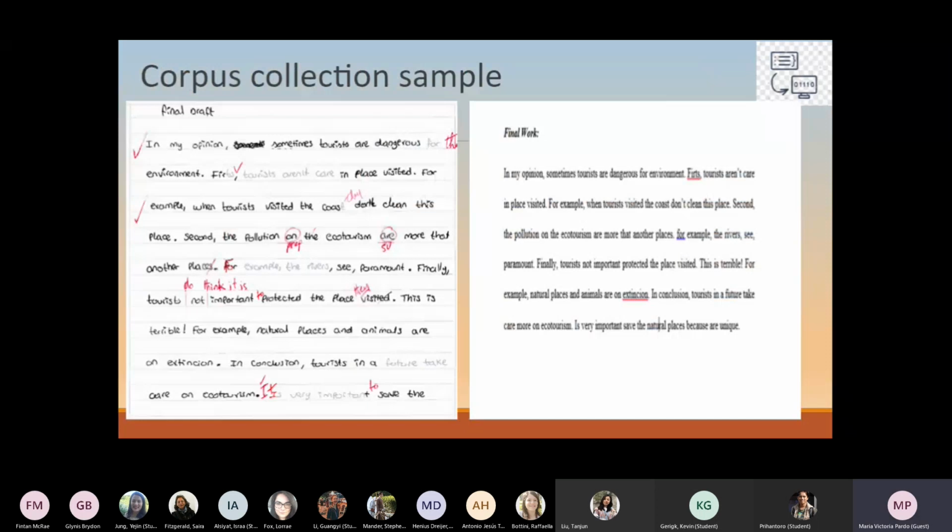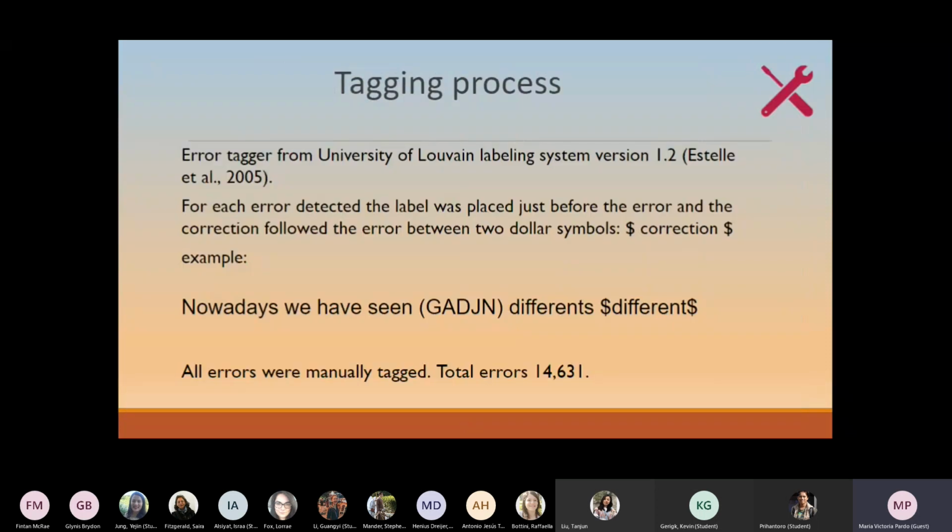So we need to make sure that what was in the handwritten text was exactly the same as in the digital version. Okay, I continue with the process of the tagging of errors.